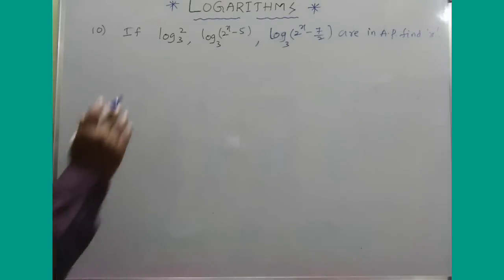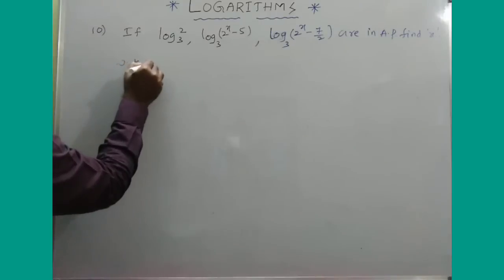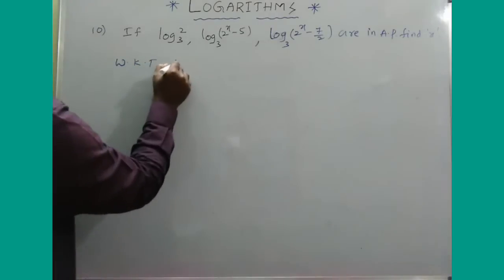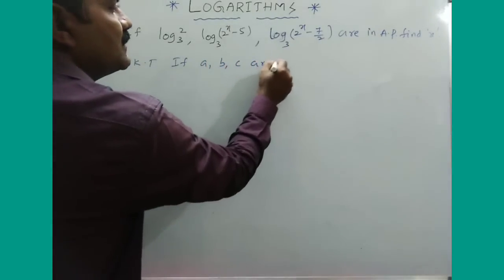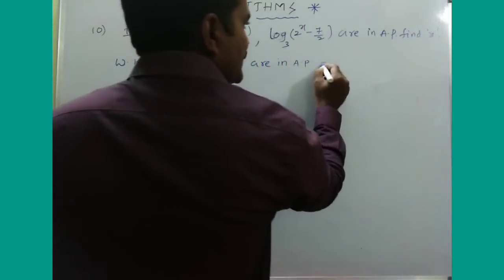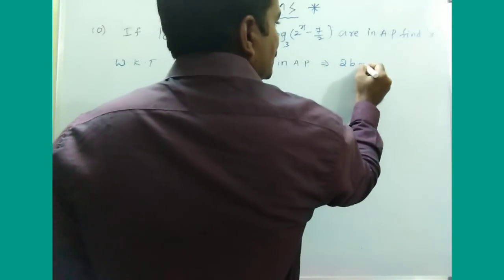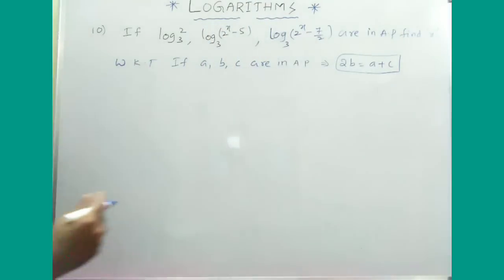Okay, and he's talking about AP. So we know that if A, B, C are in AP, then what is the condition? 2B is equal to A plus C, isn't it?